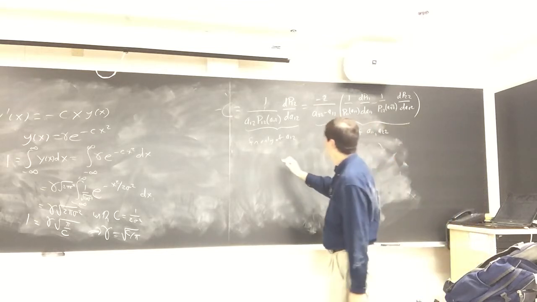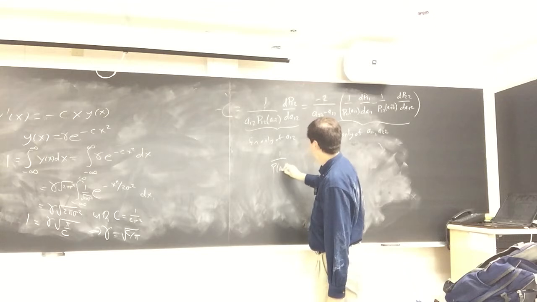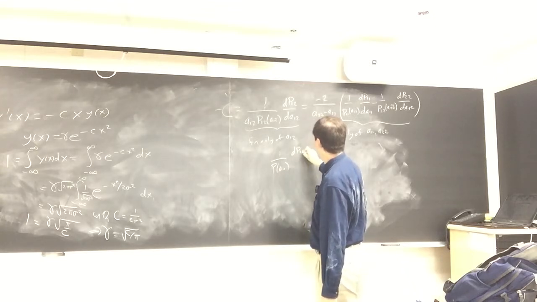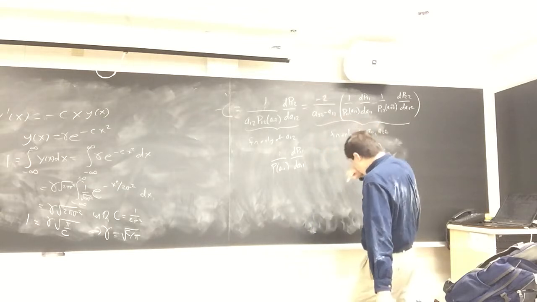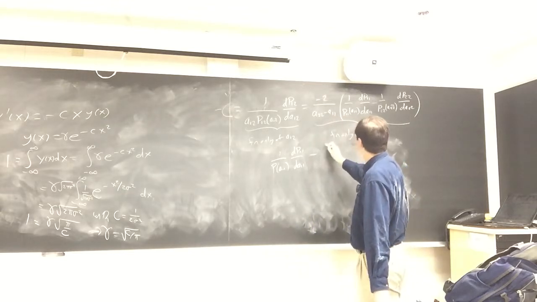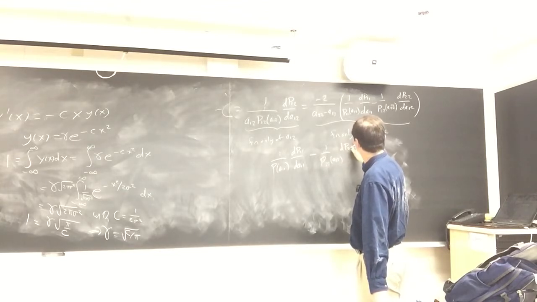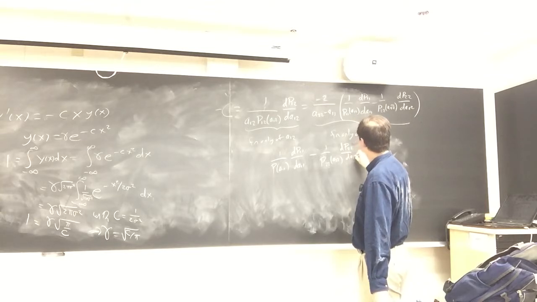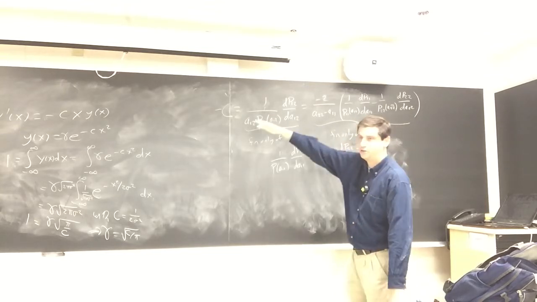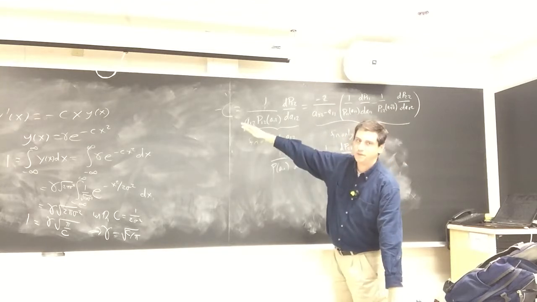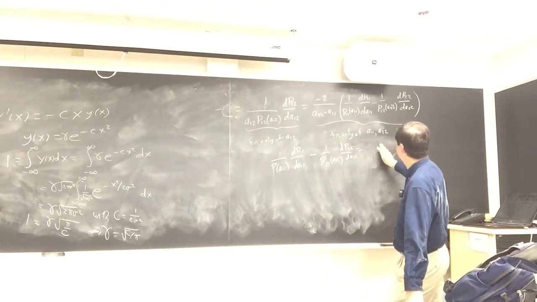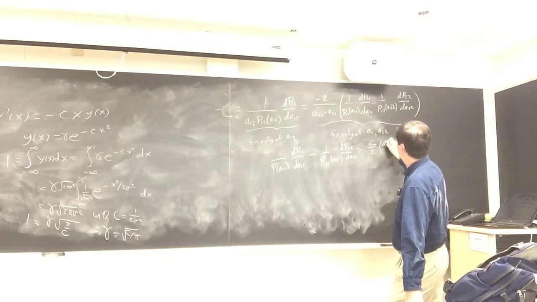So we could get 1 over P of A11 dP11 over dA11 minus 1 over P22 A22 dP22 over dA22. And now this is equal to that constant, so we divide by 2, so we'll get a C halves, and we'll get an A22 minus an A11.